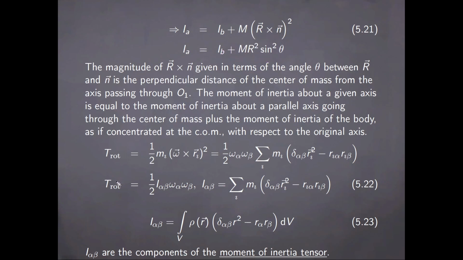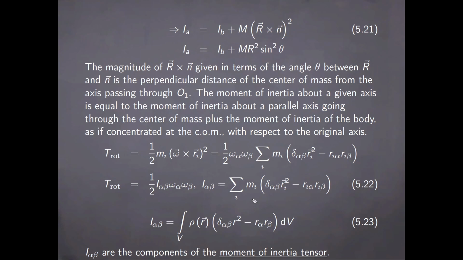Furthermore, we can then write what is the kinetic rotational energy in the form here, which we can expand immediately into this expression if we work out the square of the cross products, and if we use the definition that we have derived earlier in terms of the angular velocity and the inertia tensor, these two are equivalent if the inertia tensor has these components.